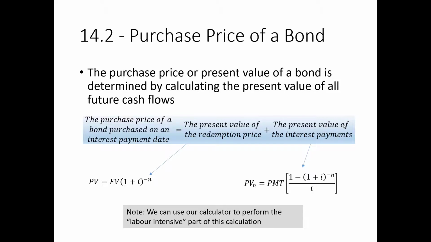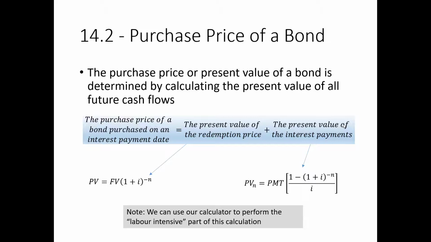Okay, so when I said we're talking about the purchase price of the bond, it does have two components. It has all that compound interest stuff because we get a lump sum at the end of the term of the bond. And that lump sum is like finding any future present value that we did in compound interest.